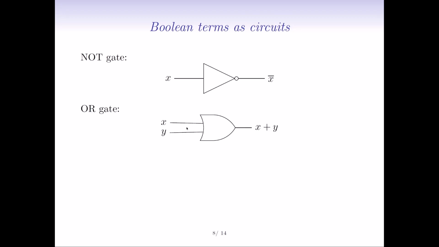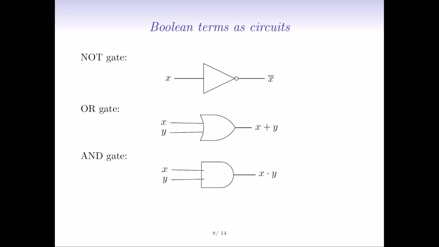Here's an OR gate that takes in two inputs and has as output 1 if at least one of the inputs is 1, or live. So it takes in x and y and returns x plus y. And here we have an AND gate, which takes in two inputs, x and y, and returns x dot y. In other words, it returns 1 if both of its inputs are 1.